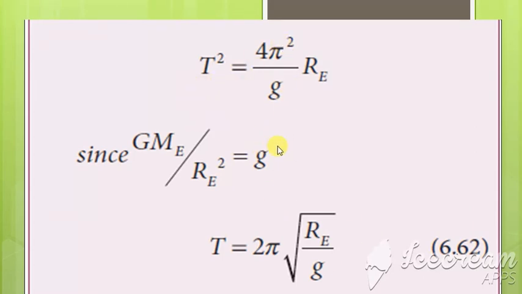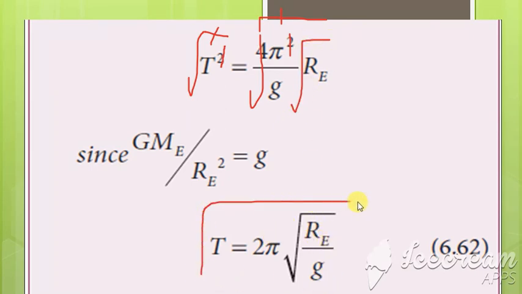Okay, now since G is equal to this, taking square root on both the sides, this square and this square get cancelled, this becomes 2, and we get pi into root of RE divided by G. Okay, so this gives the value of the time period of a satellite.